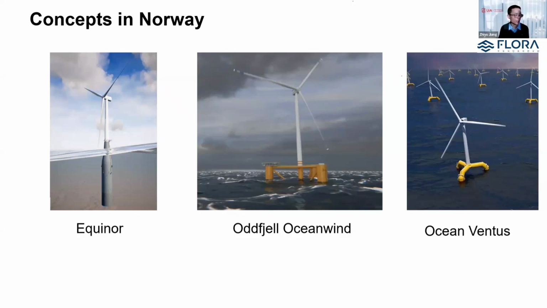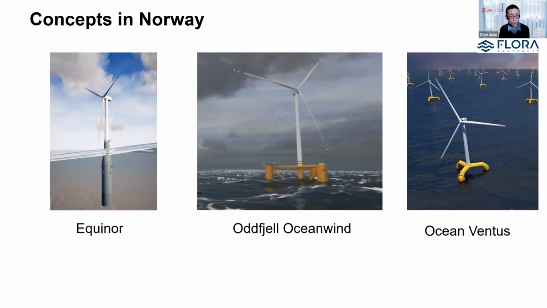And this Odfjell Oceanwind is also a Norwegian company that proposed a semi-submersible foundation. This foundation is made of steel structure, while Ocean Ventures is also a Norwegian company, actually in Grimstad, in my city. They propose a foundation that is made of steel tubes.